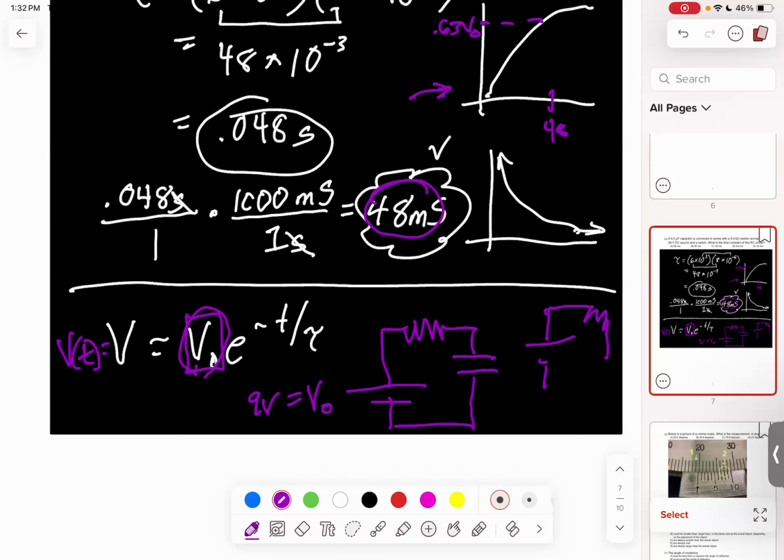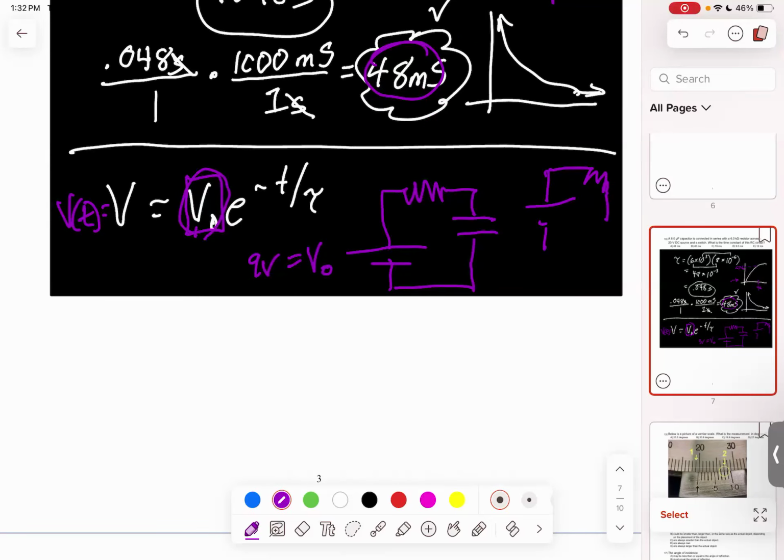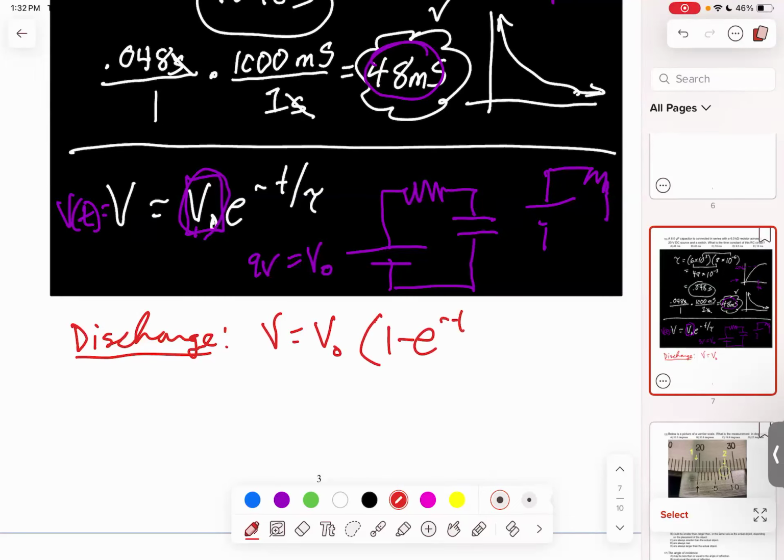Okay. If you're discharging, it's going to follow a pattern kind of similar to it. It's going to look like this: V naught times e to the minus t over tau.